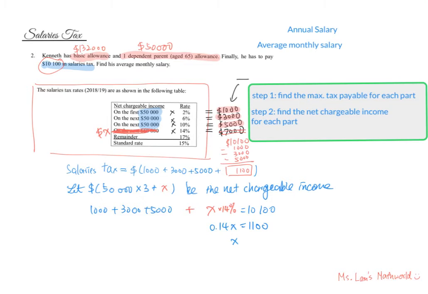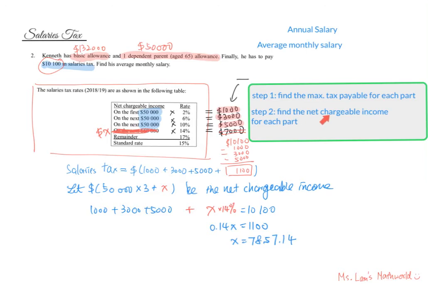And then we can use a calculator to get the value. Please write down more digits of the value. And then we can find the net chargeable income to be this one. That means having this value, 7,000 something, put it inside, then we can find the net chargeable income.